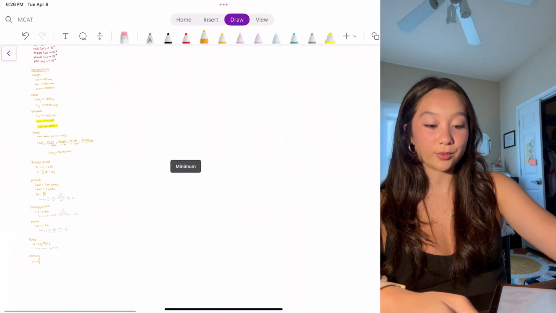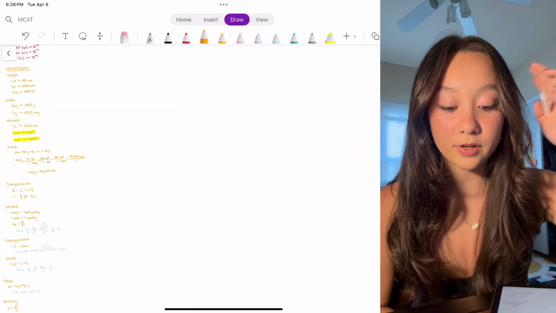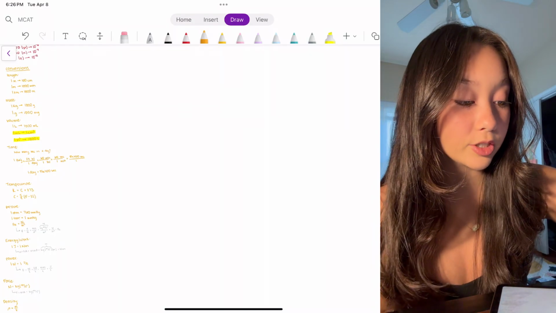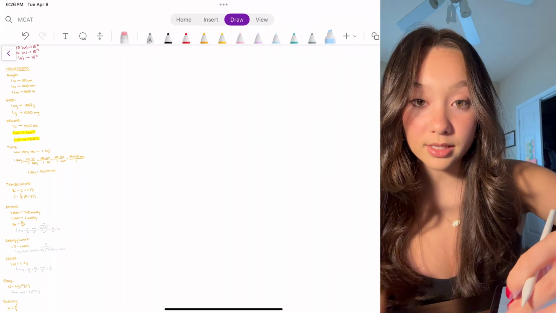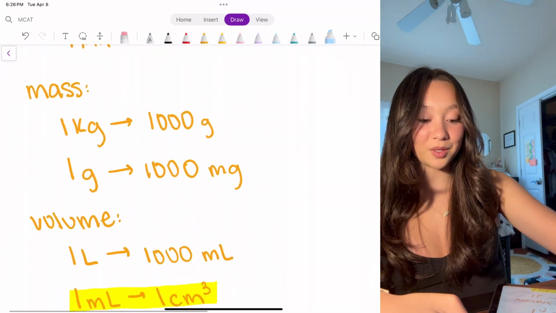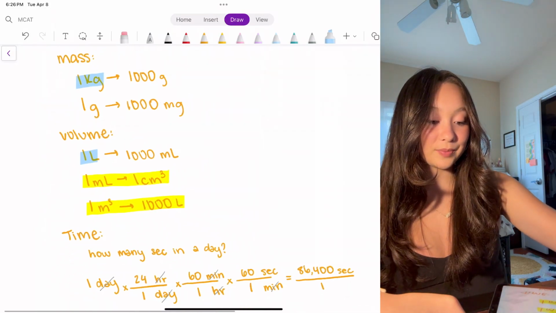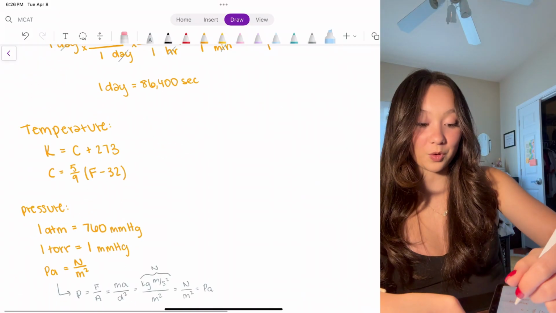All right, let's zoom out. That was a lot of information. We have all of this so far. We went over the different SI units, and actually, to be a little bit more clear, I am going to highlight all of the SI units in blue so we can remember. 1 meter, that's an SI unit. 1 kilogram, 1 liter, seconds is SI units, Kelvin.